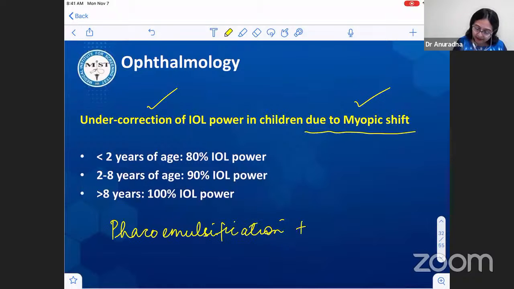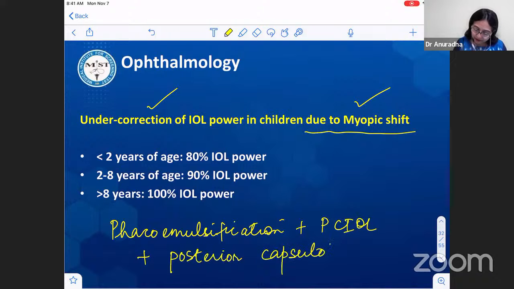Okay. We are putting the lens, and one additional step which is done is known as posterior capsulotomy. You make an opening in the posterior capsule during the surgery itself, to prevent after cataract in the children.